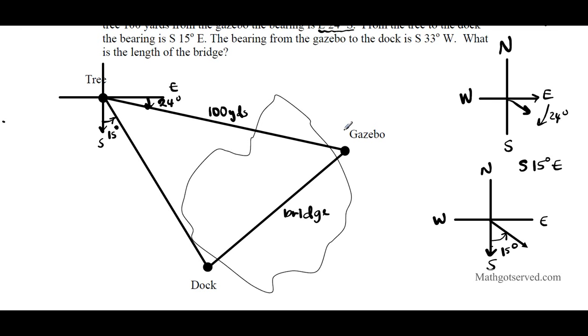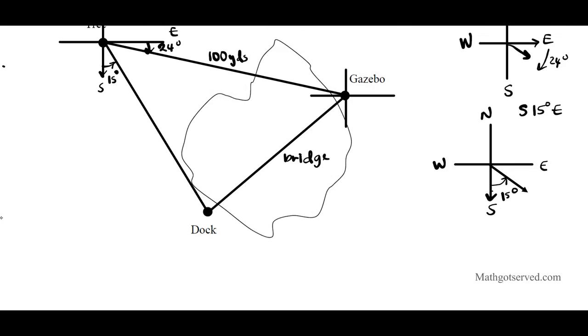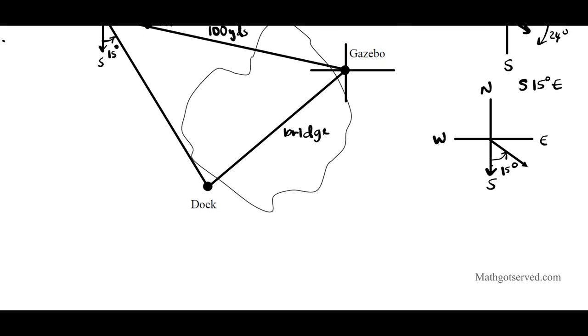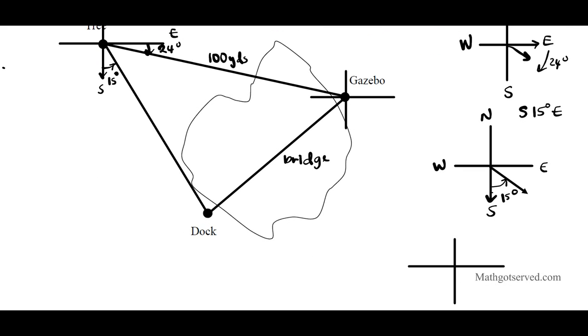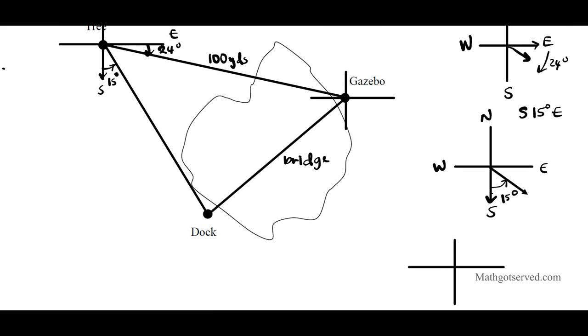Let's draw our four cardinal points like that. Now, what does the graph of 33 degrees west of south look like? Let's sketch that on the side here. Let's write that down.